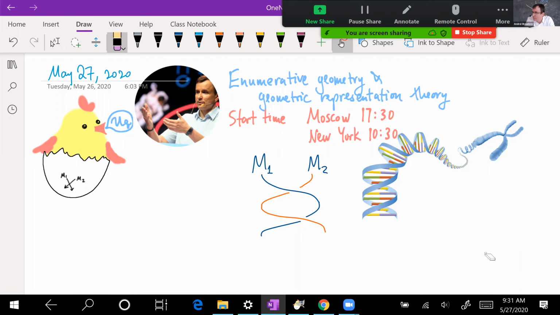So our goal today is to continue the discussion of R matrices and quantum groups, and as you can see on my screen, the relation between R matrices and quantum groups is the relation between the chicken and the egg.